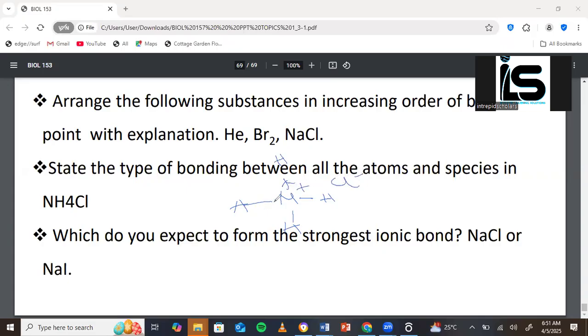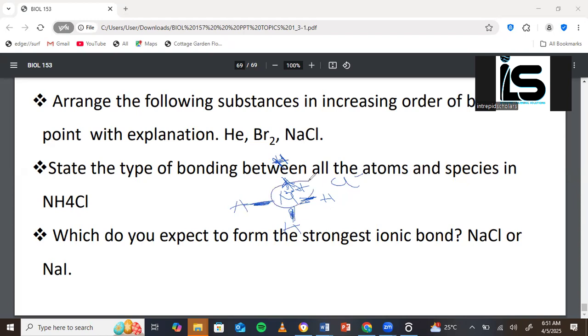The bonds here are covalent bonds. These are all polar covalent bonds, right? Now, this arrow here shows a dative covalent bond. It shows that the nitrogen here brought the lone pair to this empty orbital of this hydrogen. So this is a dative covalent bond.